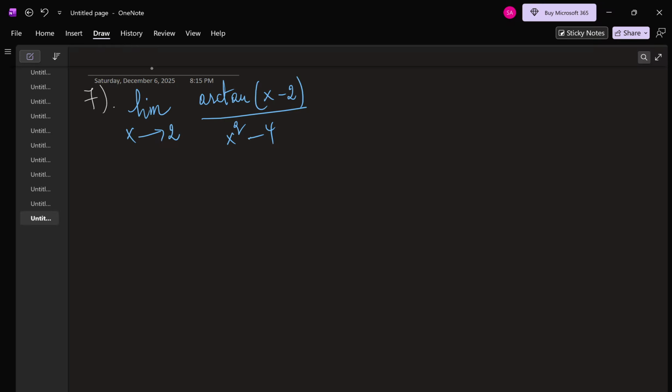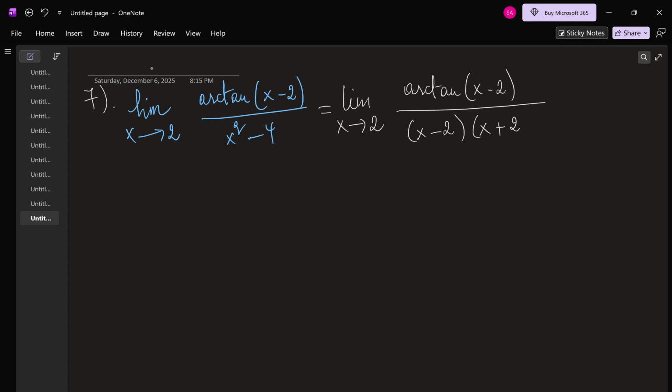Actually this is equal to the limit when x goes to 2 of arc tangent of x minus 2 over x minus 2 times x plus 2.